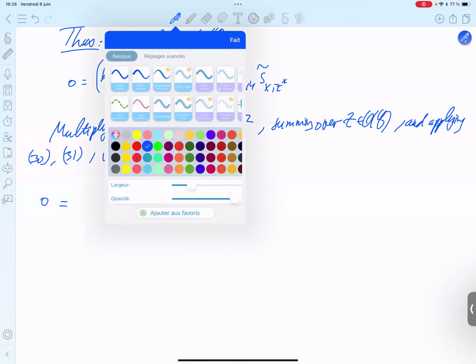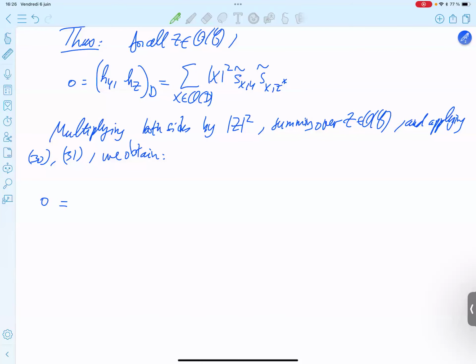Okay, so let me write more details. So we do exactly what we wrote. We make the sum of the square norm of z, sum of that.